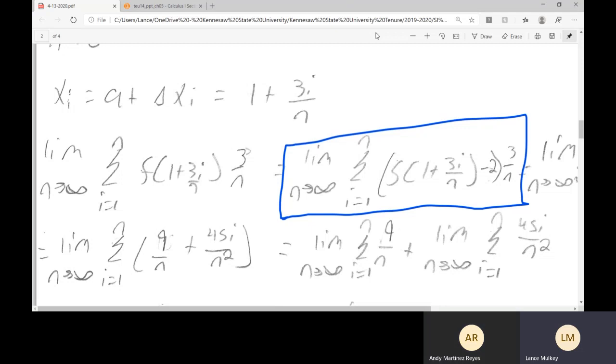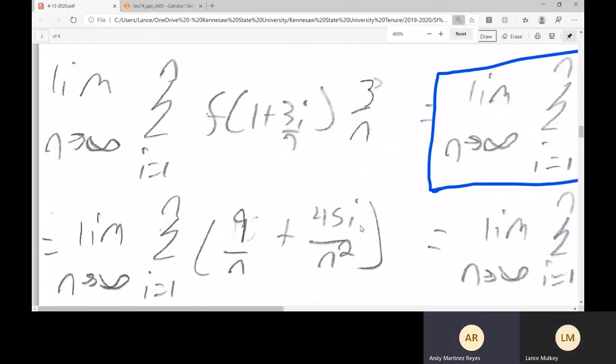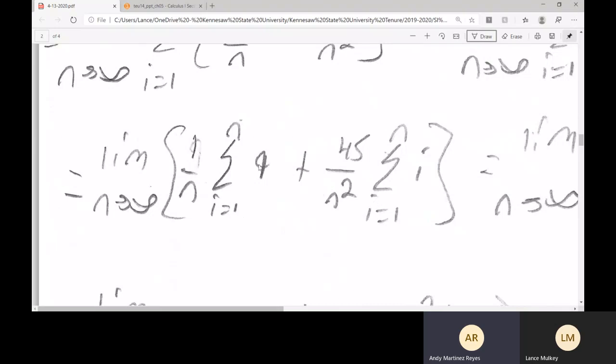It's just going to stay 1 over n. See, I took the limit back out, so you get 1 over n times the summation of i equals 1 to n, and I pulled out the 45 over n squared right here.